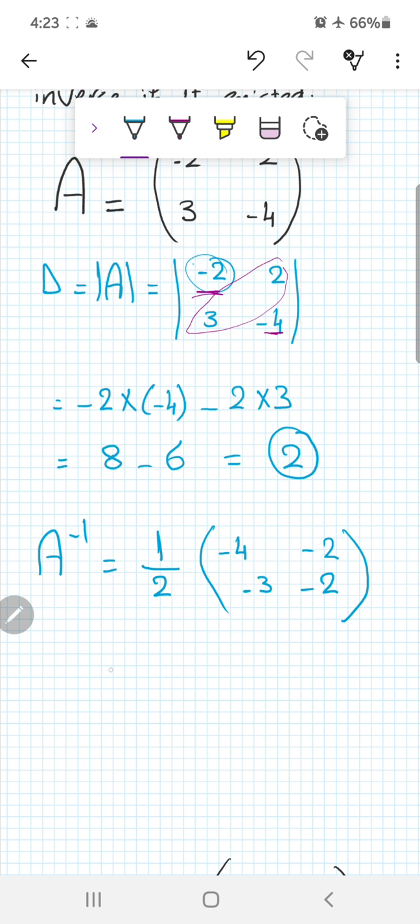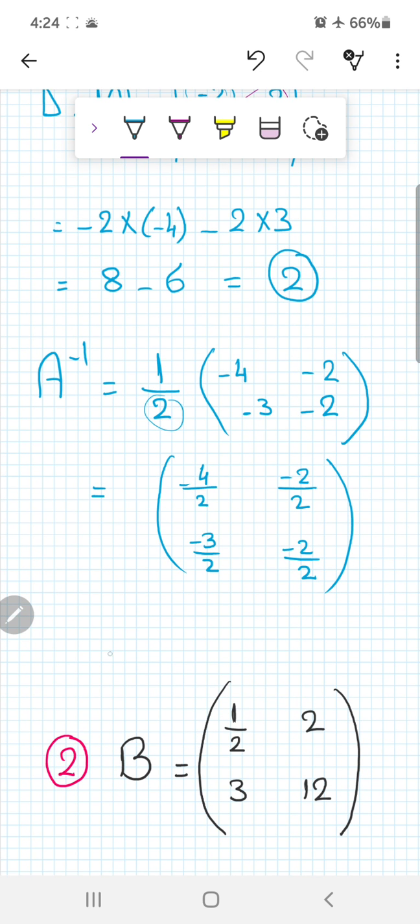Okay, here all elements in the matrix are divided by 2. So here we have negative 4 divided by 2, negative 2 divided by 2, negative 3 divided by 2, and finally negative 2 divided by 2. And simplify it by using your calculator.